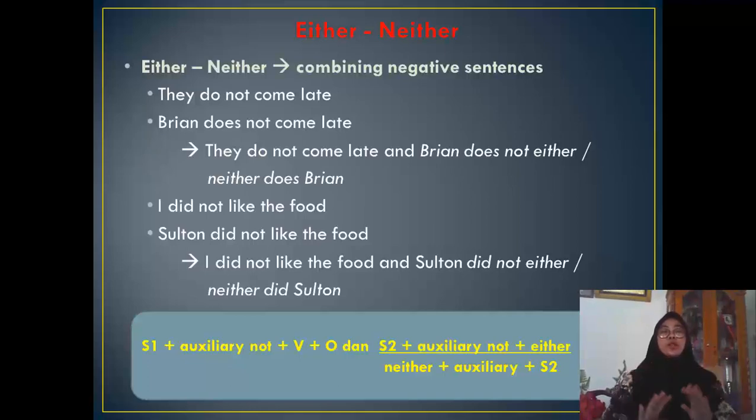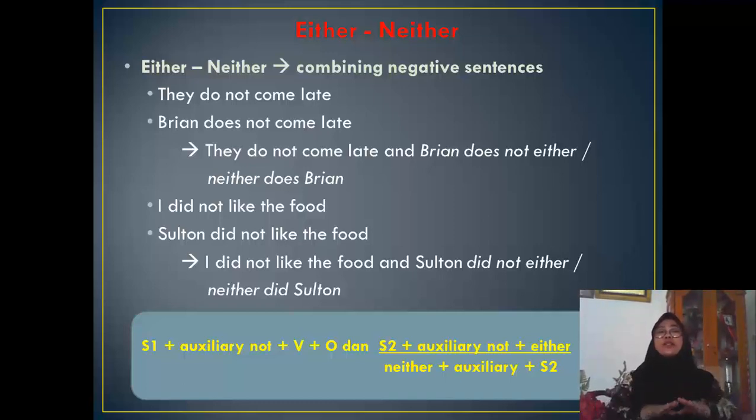You can also use neither and either when you want to combine negative sentences. For example, here I have two negative sentences, and the context is the same. The first sentence is: they do not come late, and the second one is: Brian doesn't come late.